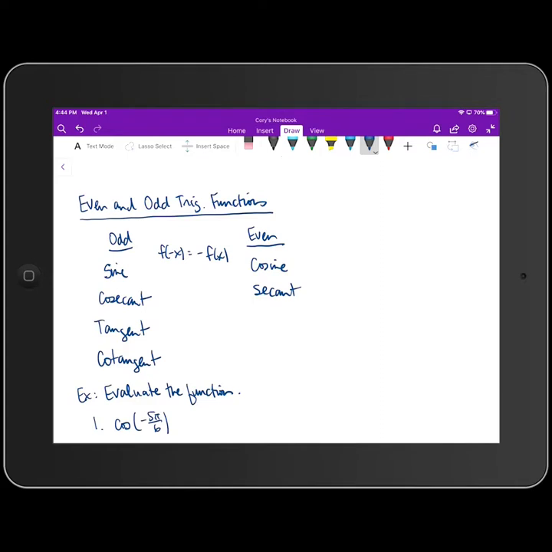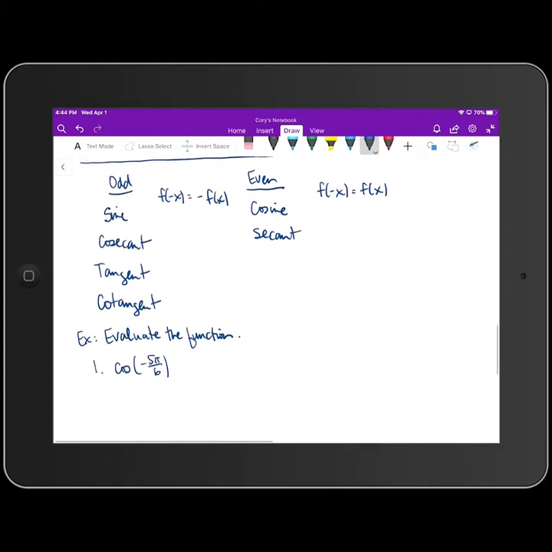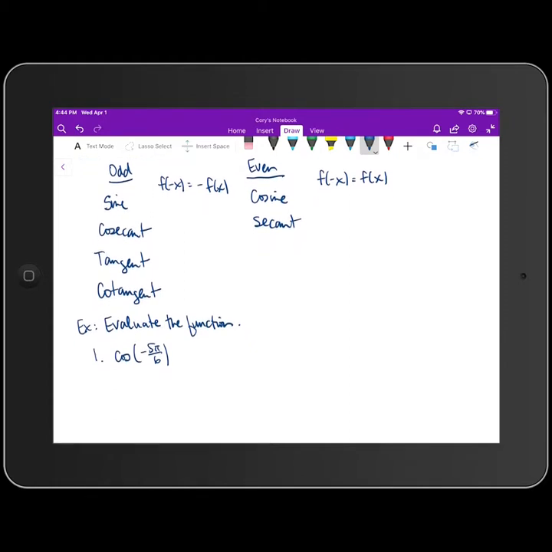And the way that we can algebraically show that a function is even is when we take the opposite of the input value, f of negative x, it gives us back the original function, f of x. So let's take a look at how we can use this to evaluate trig functions where the angle is a negative angle. For the first example, the directions ask us to evaluate the cosine of negative 5 pi over 6.